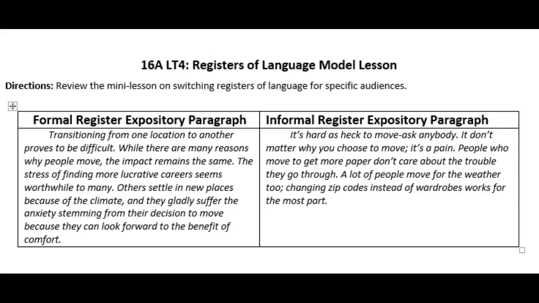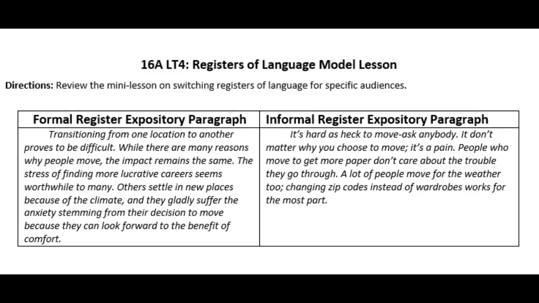So you will notice that there is neither a use of contractions nor a slang term. I just used more standard, simple language, works for the most part, instead of saying works overwhelmingly well, which is more formal, sophisticated, mature.